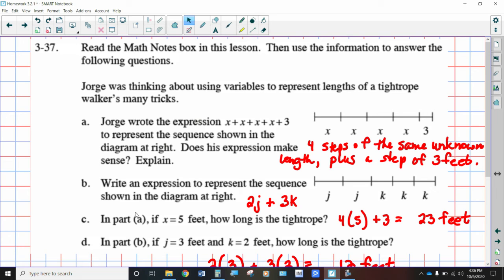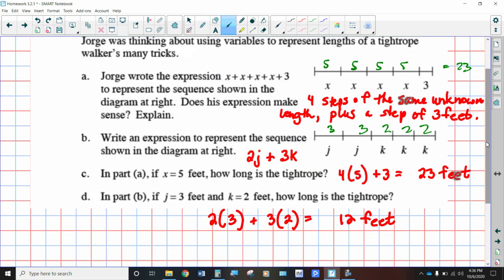And says now, if part A, if x were equal to 5, this would become 5 plus 5 plus 5 plus 5, which is 4 times 5, which is 20, plus 3 is going to be equal to 23. And if j is equal to 3, and k is equal to 2, then you end up with 2 times 3 plus 3 times 2 ends up being 6 plus 6, gives you a final distance of 12 feet on that tightrope.